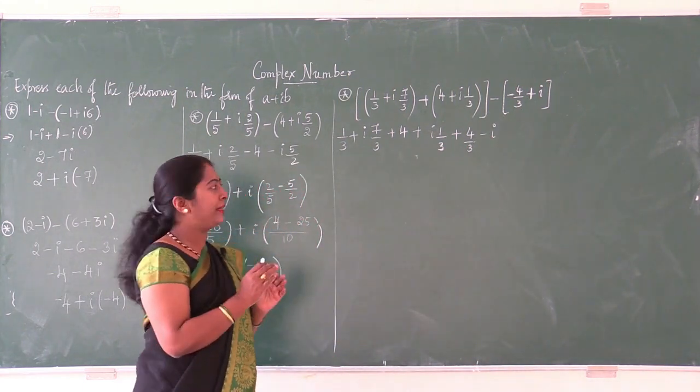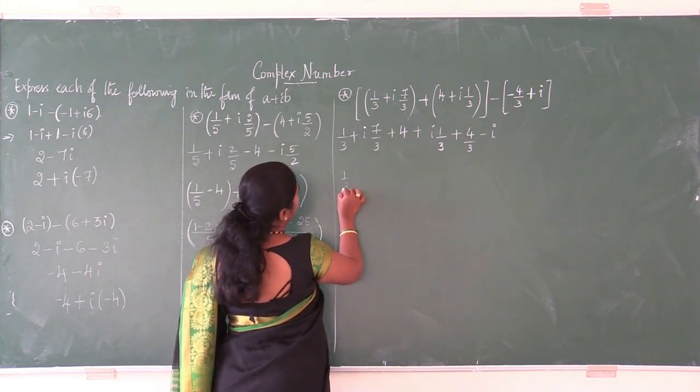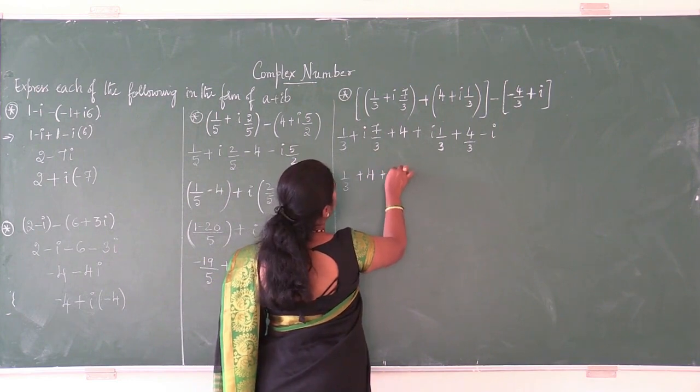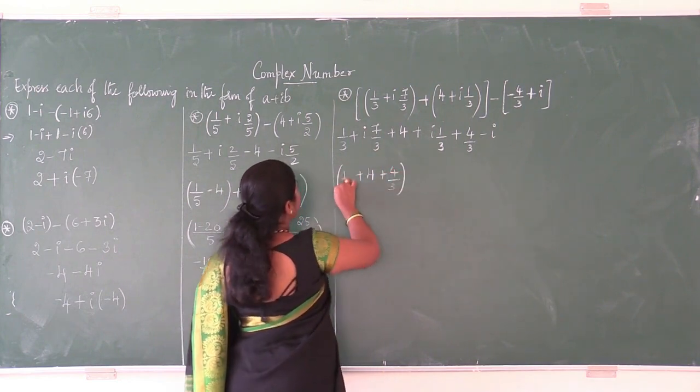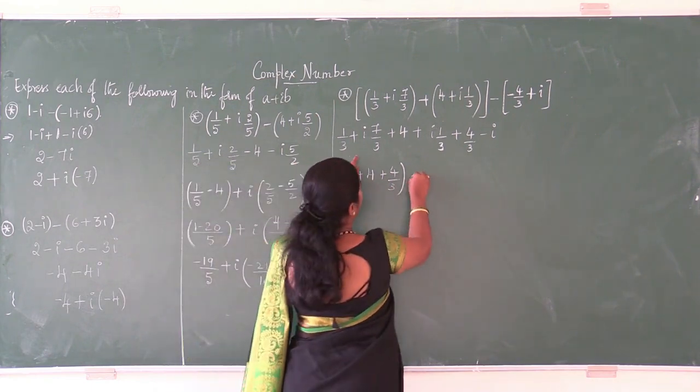Now group the real parts and imaginary parts together. What is the real part here? 1 by 3 plus 4 plus 4 by 3. This is the real part. I'll group the imaginary part by taking i as common.